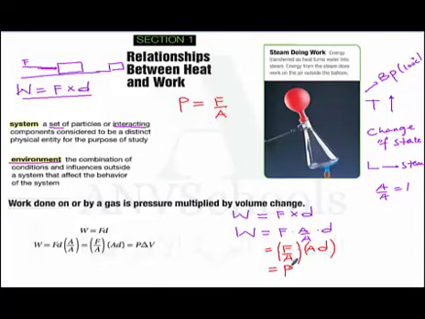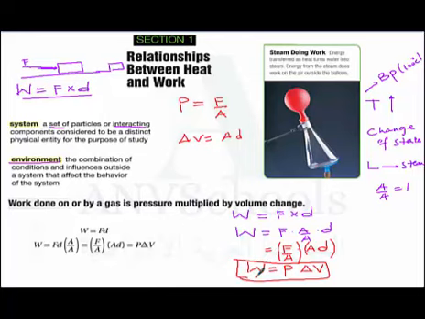And area multiplied by distance is the change in volume, because change in volume is equal to area multiplied by the distance traveled. So now the total work done is defined as pressure multiplied by the change in volume.